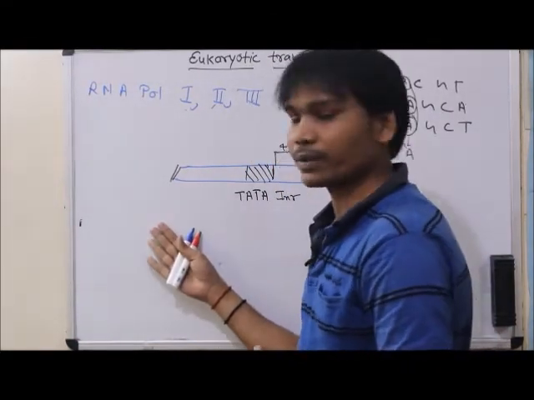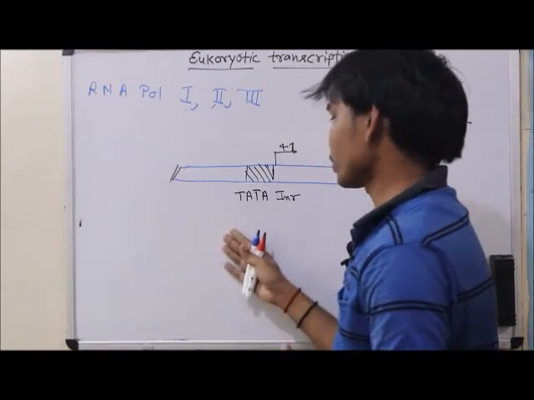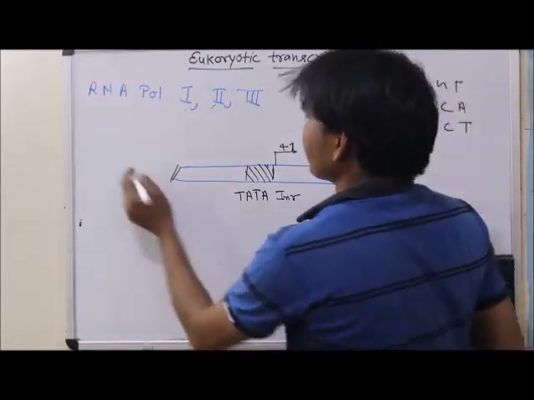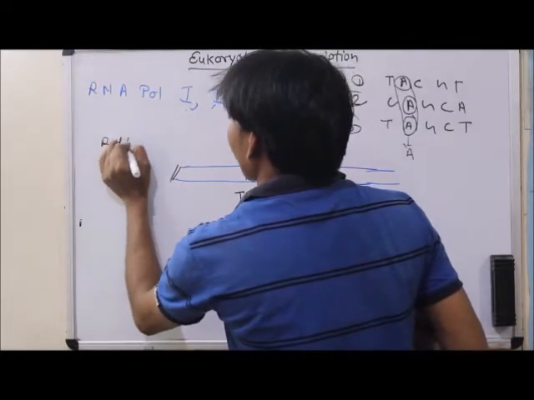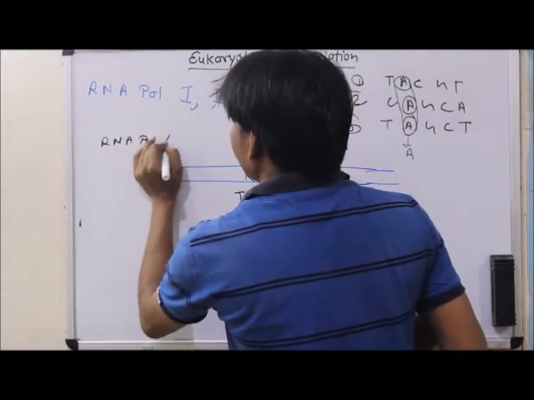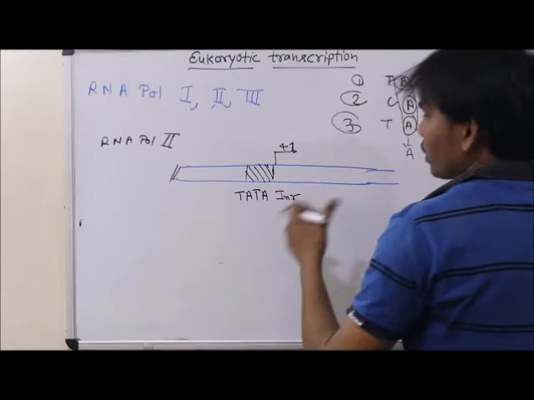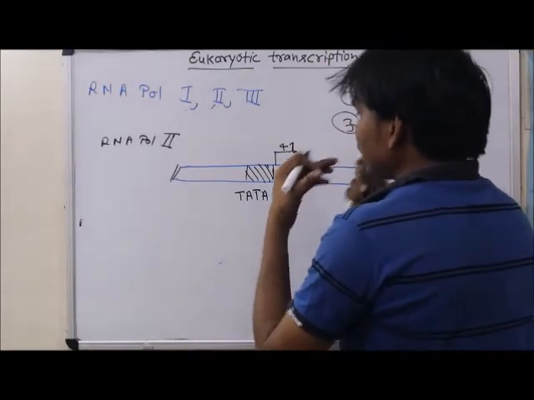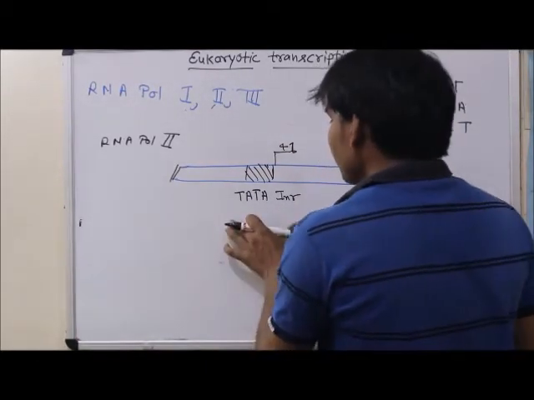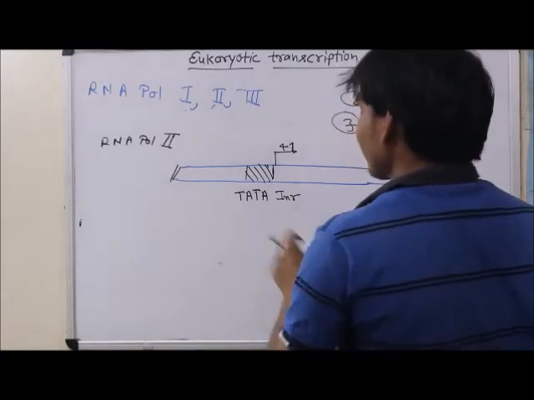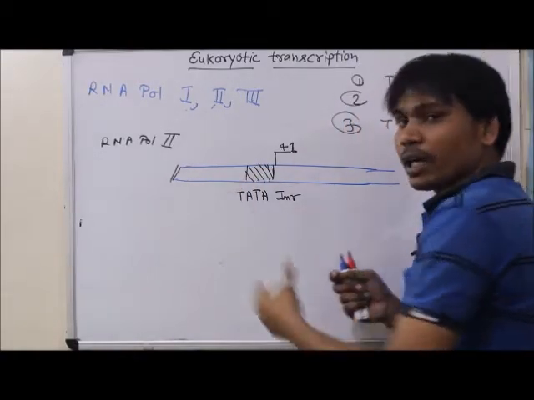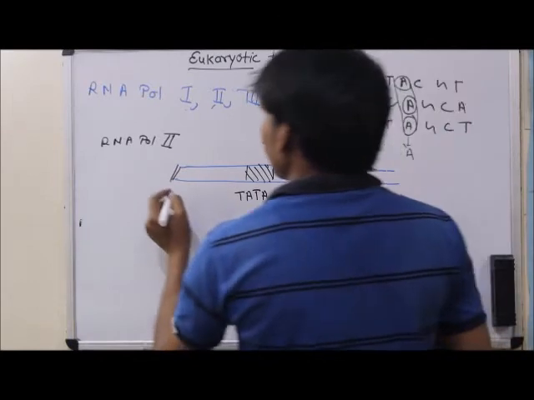That means regulatory sequences are found in RNA polymerase II. That either inhibits specific transcription proteins or increases the transcription of RNA.